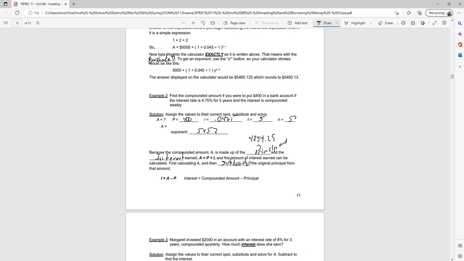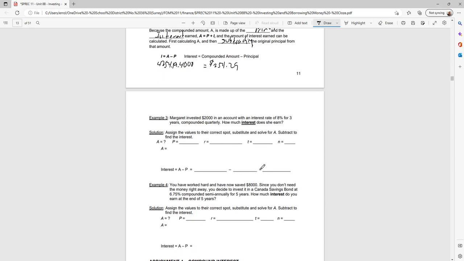And again, I apologize for my handwriting. Okay, so in this case, the amount of interest earned is 4,254.29, subtract 4,000, we earned $254.29. Don't forget the unit.